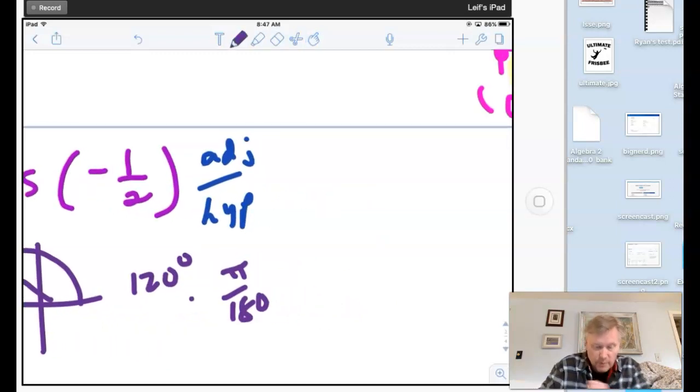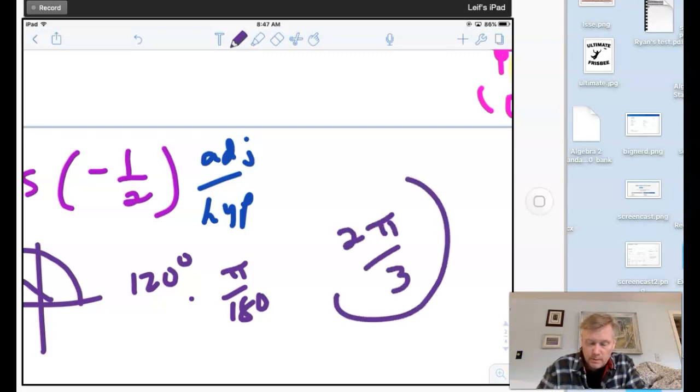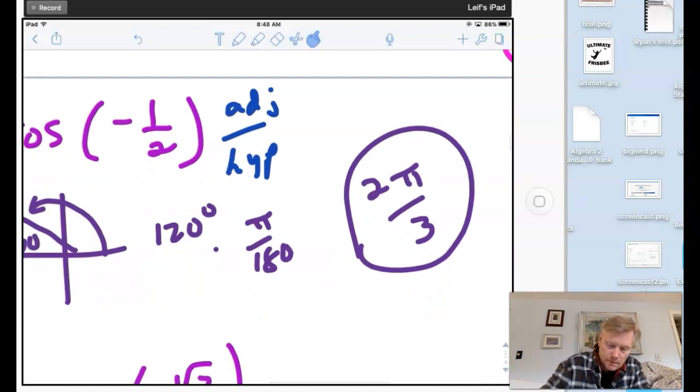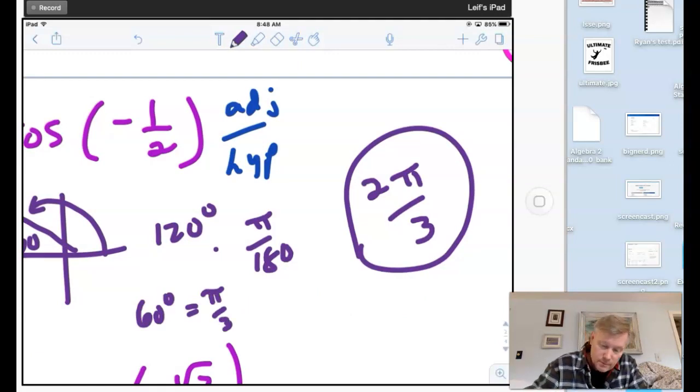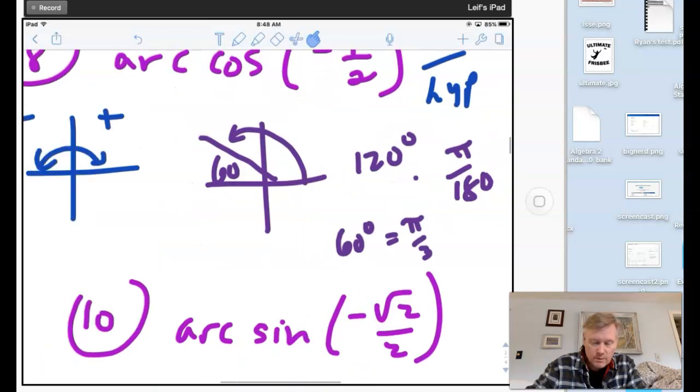Or you could remember that 60 is half of 120. 60 is pi over 3, which means 2 pi over 3 would be twice that. Write that down. 60 degrees equals pi over 3. Therefore, 120 is 2 times that, 2 pi over 3.